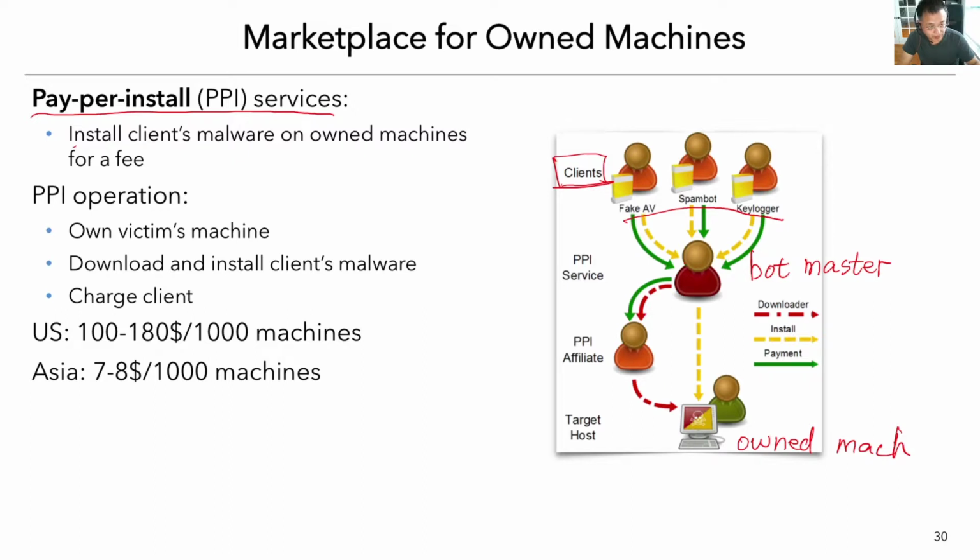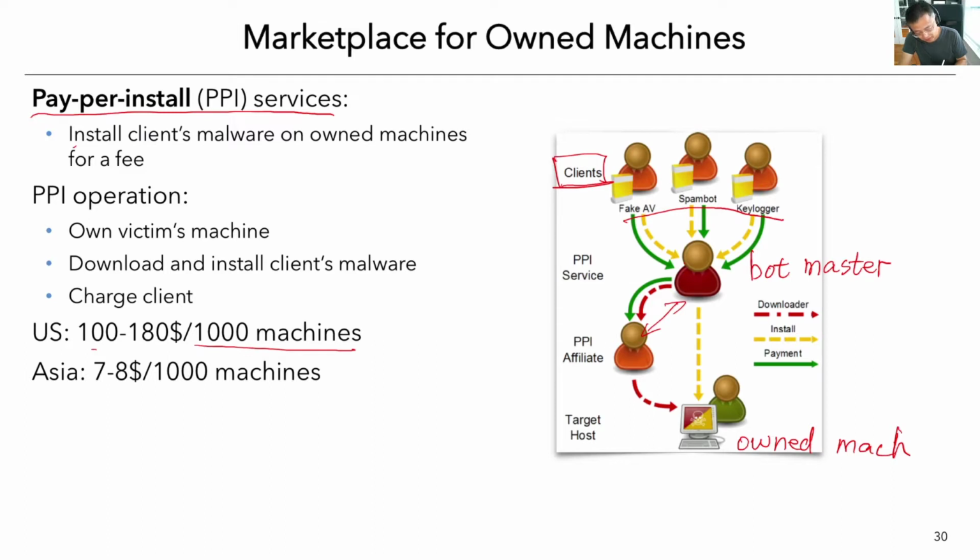But the bot masters actually have some affiliates. They work with each other, so they are going to increase the install base of their client software, right? More installation means more money for the bot masters. Okay, so for the US, it will be $100 to $180 per 1,000 machines.